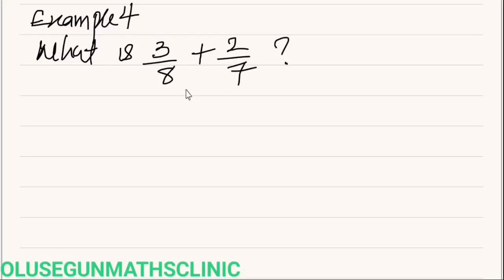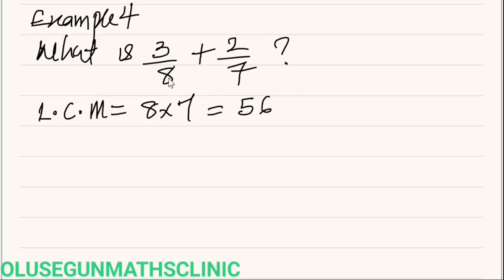Here, the first thing you must consider is the LCM of the two denominators, 8 times 7, which is equal to 56. Now, to make 8 become 56, you multiply by 7.